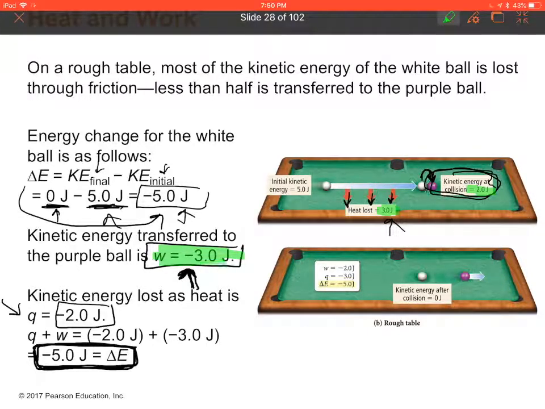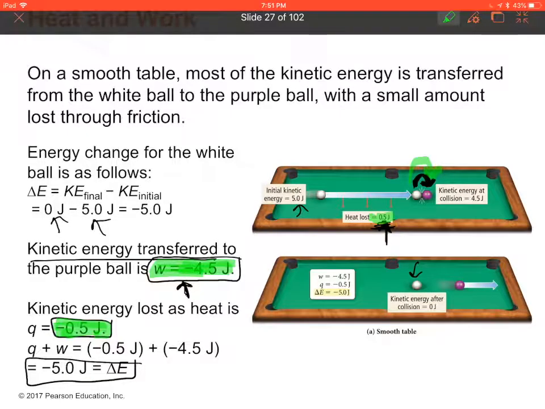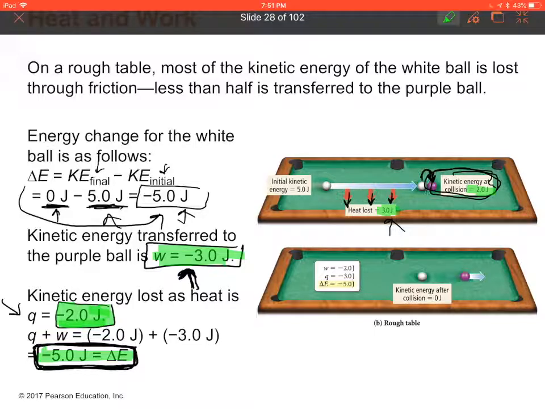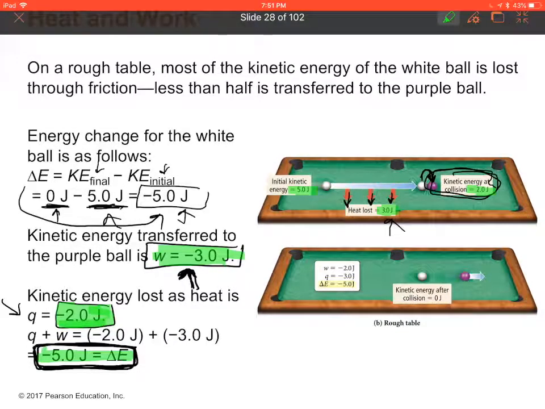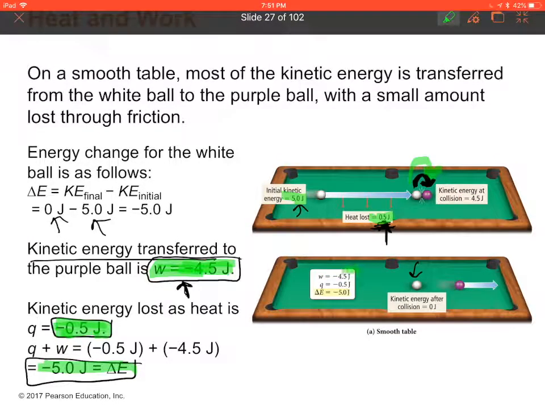So the amount of work done is still going to be greater, but you had a lot more energy lost because of the rough table. But notice their change in energy is still the same, okay? Because the amount of energy we started off with was still the same, and therefore the amount of energy that we end up with has to be the same.